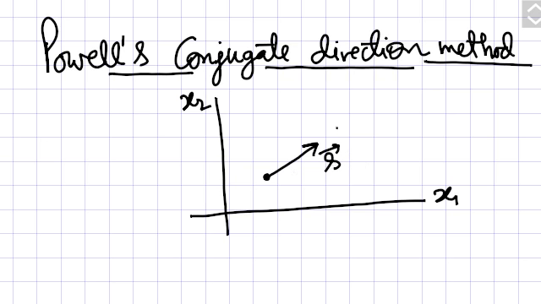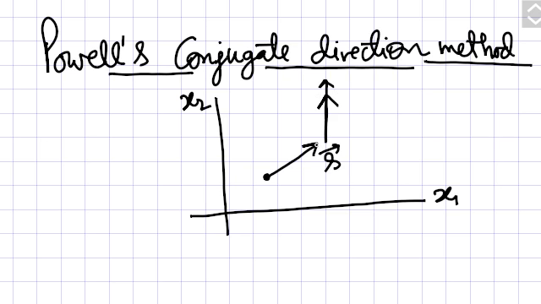Then what you will do is find a conjugate direction in this method. You will find different conjugate directions with the help of Powell's method, and then you will go in that direction. There you will find the minimum point, where the function's value is minimum, in a very efficient way.